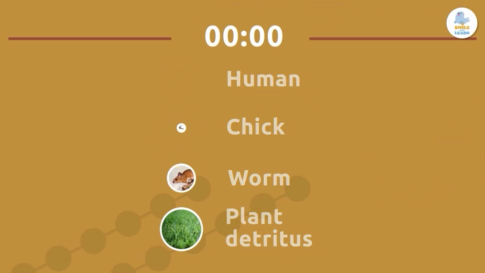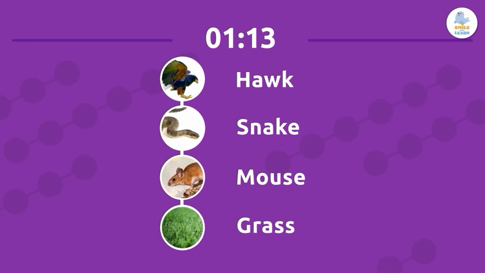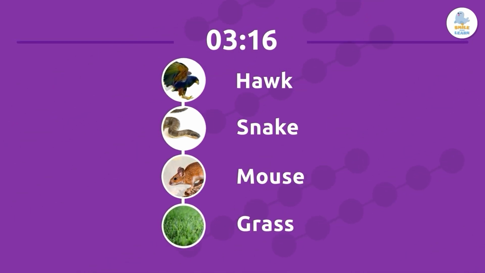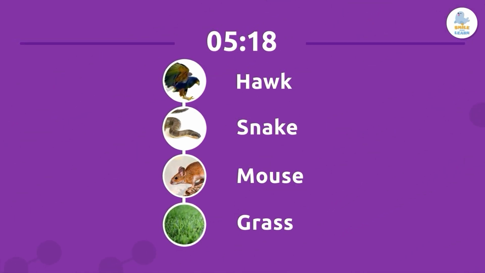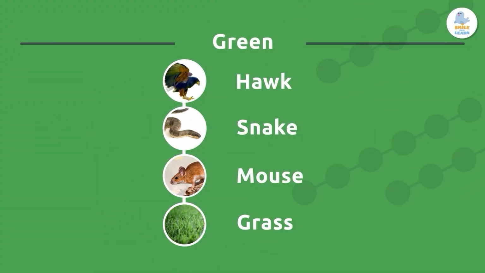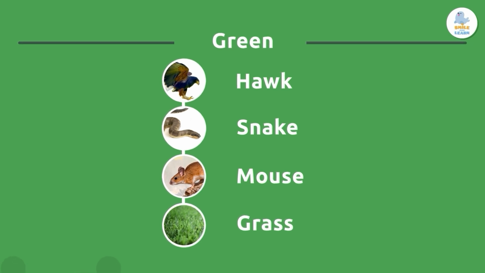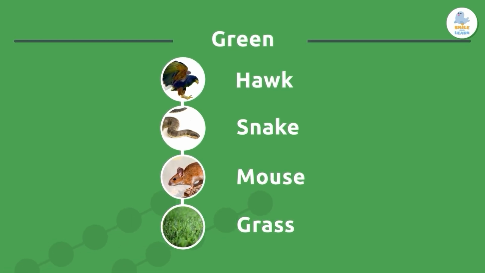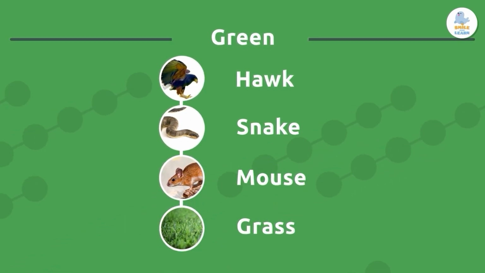Green or brown? Green, because it starts with grass, which is a producer that is alive. On to the last one.